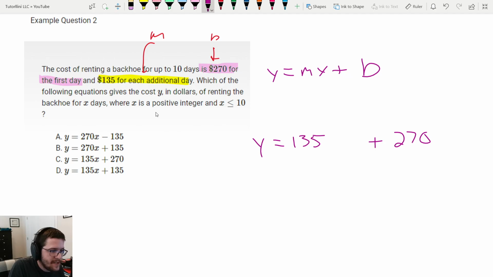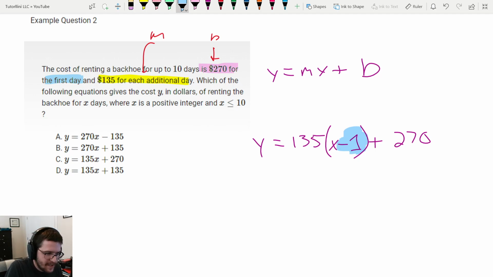What you have to do is shift your function back a day. Instead of writing x, you have to put x minus 1 because it's 1 day. So you see, this part here was actually really important to solving the question.